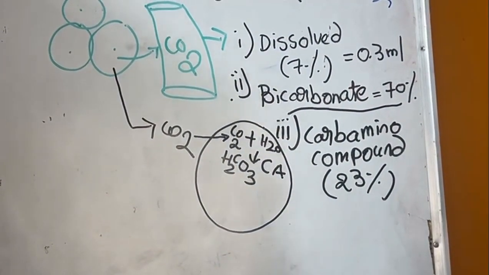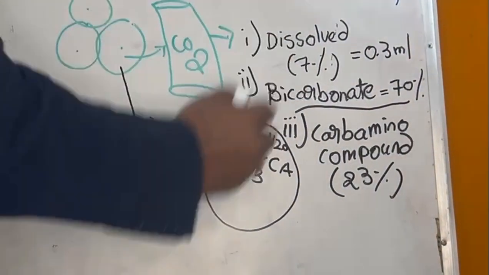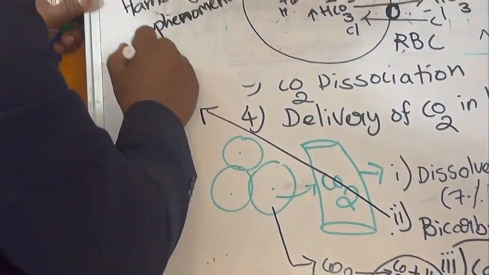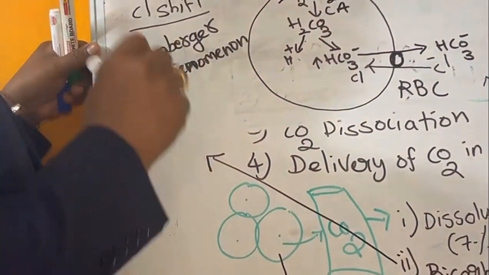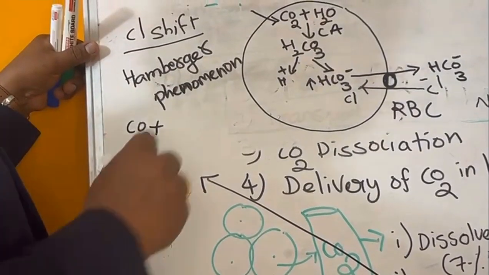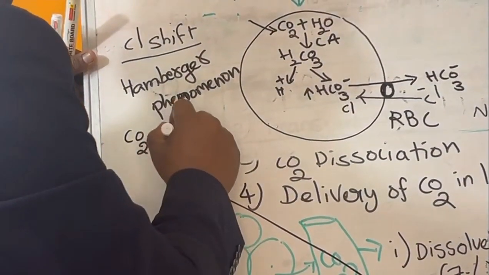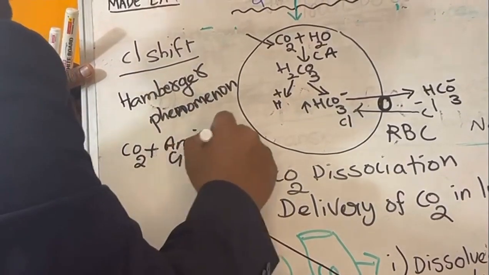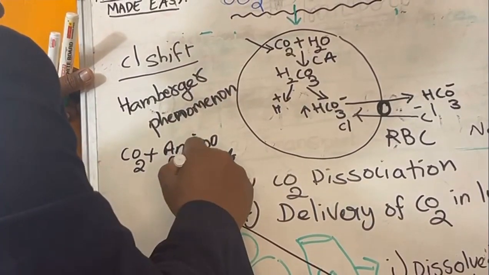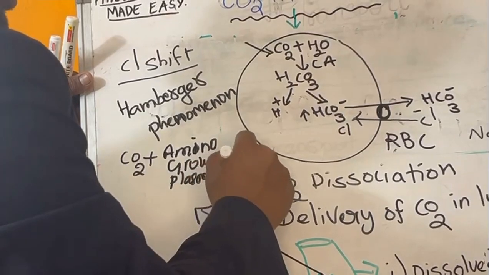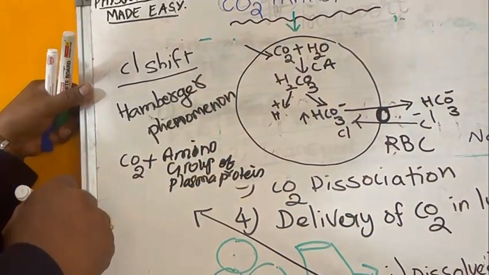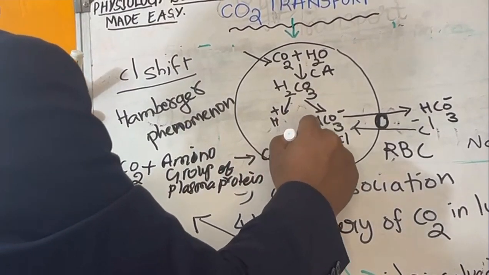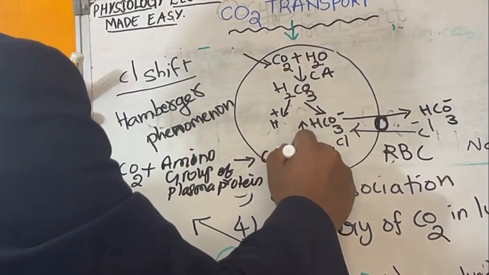Now let us see what these carbamino compounds are. Carbamino compounds are formed when carbon dioxide combines with the amino group of plasma protein, forming carbamino protein.